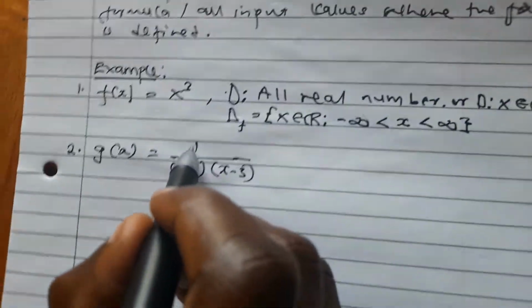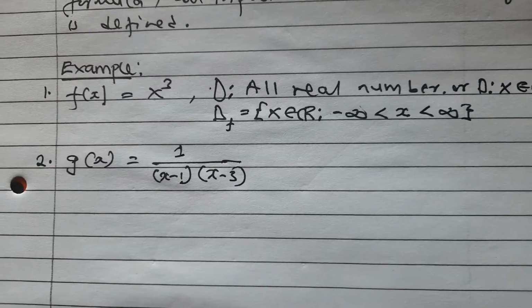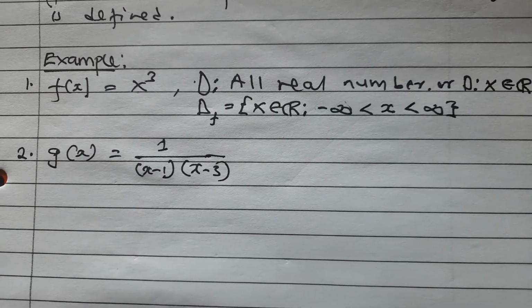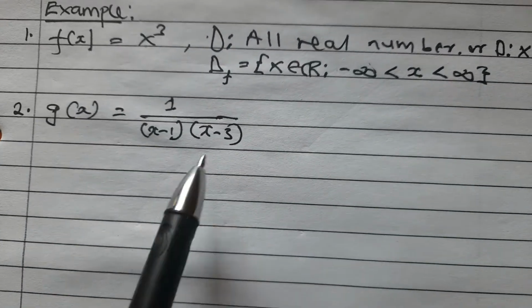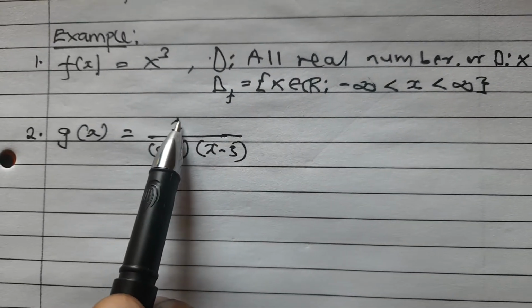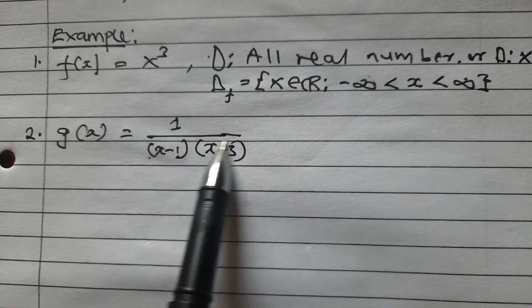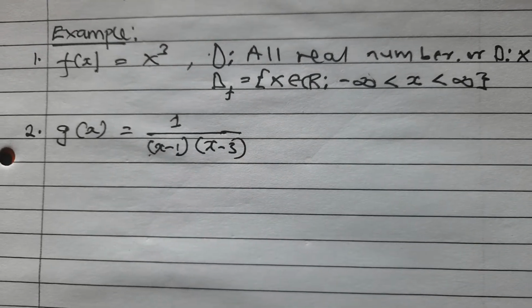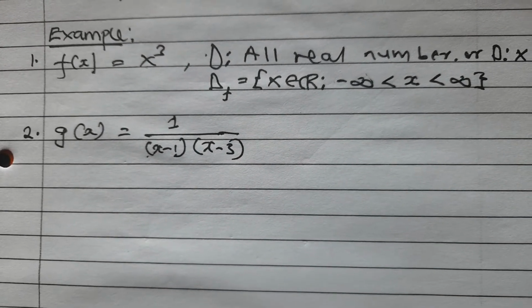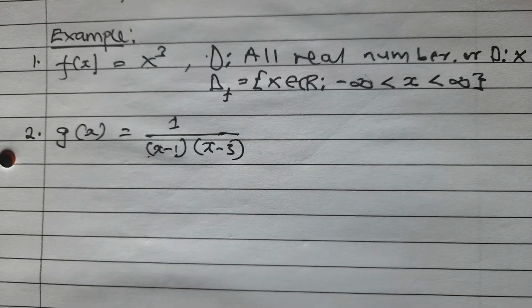This is important to note for rational functions: the function will always be defined except when the denominator is equal to 0. The function is not defined when the denominator is 0.